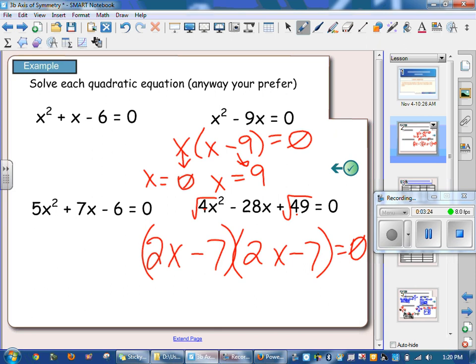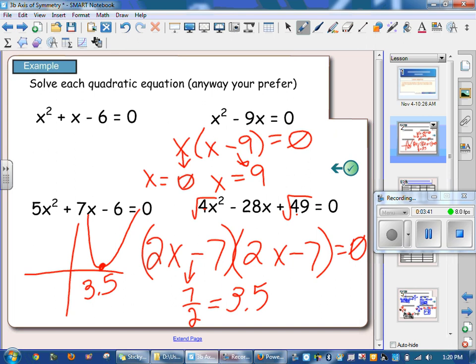If you graph it, you got the same thing. It only touched once, and it did this on top of this number right here. What was that number in your calculator? You got 3.5, right? Well, take a look. When I take him out of the brackets, it becomes 7 over 2. What's 7 over 2? 3.5 all day long. So x equals 3.5. It only touches once there.